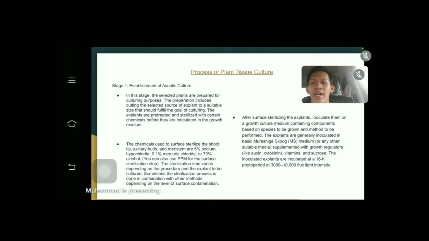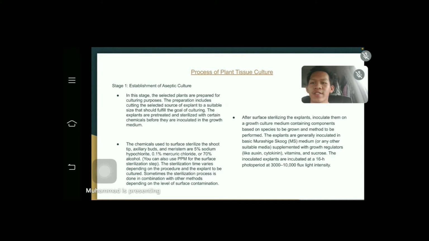axillary bud and meristem are 5% sodium hypochlorite and 0.1% mercuric chloride or 70% alcohol. You can also use ppm for the surface sterilization step.